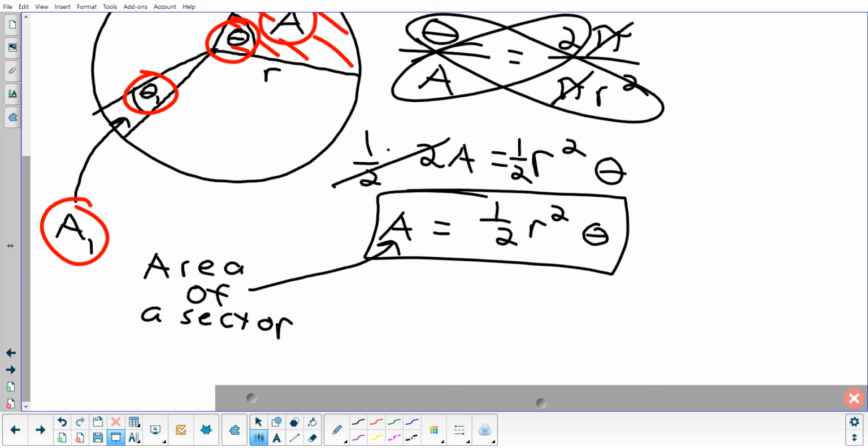So that's the area. Okay, R is going to stand for what? Radius. And angle is going to stand for, well, never mind, I just told you. Theta is going to stand for angle, but the angle has to be measured in radians.